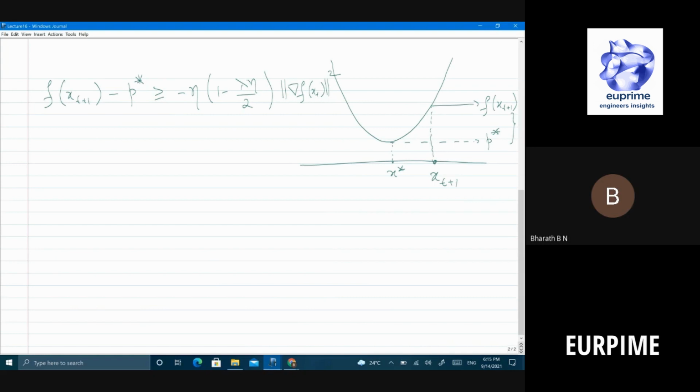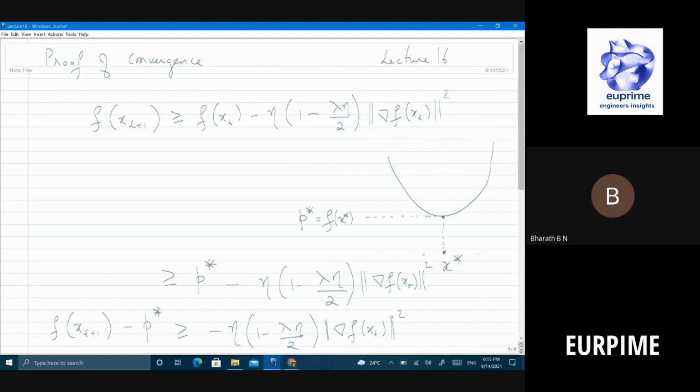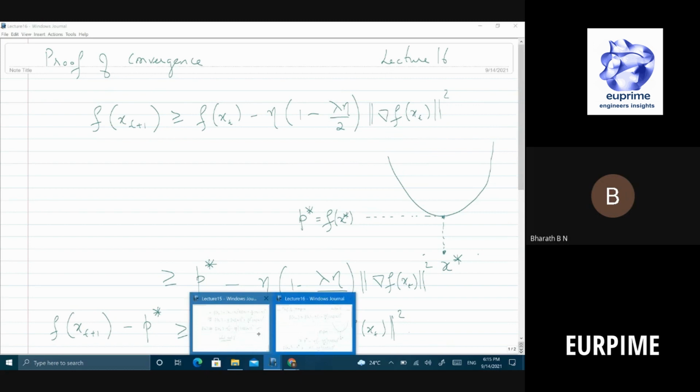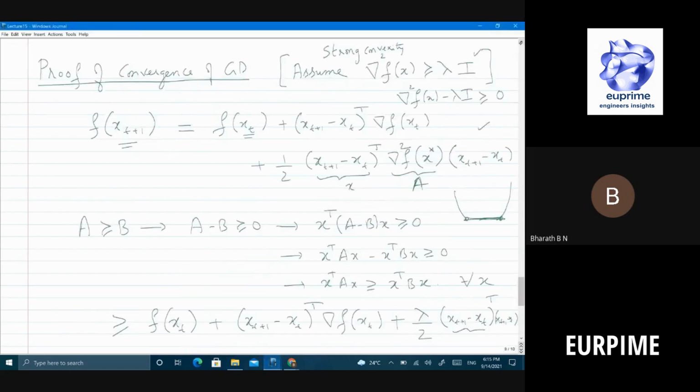Okay, so now I think I made a mistake here somewhere. Let me go back to the previous. Okay, so this is correct: x_{t+1} minus x_t is minus eta times the gradient.